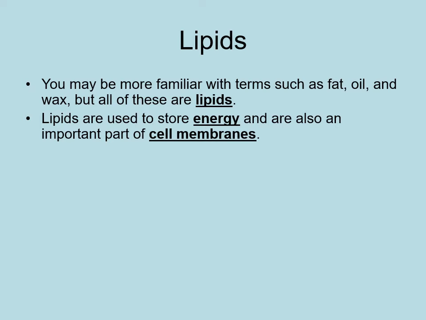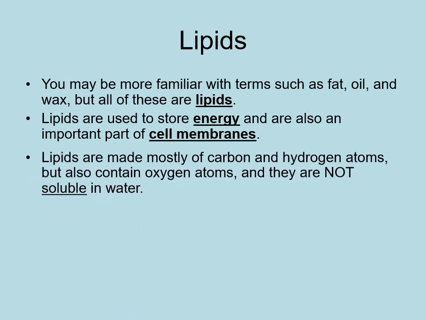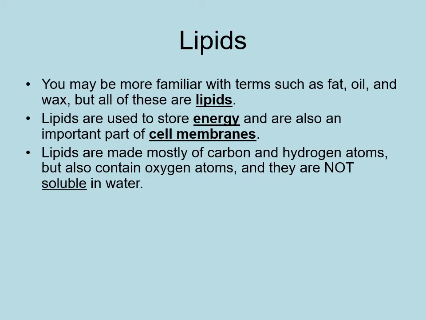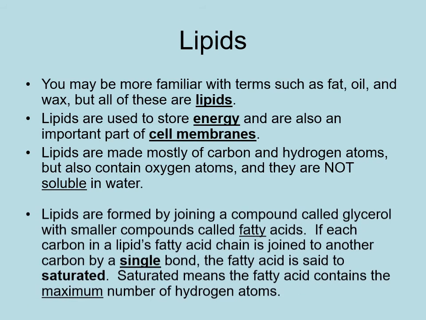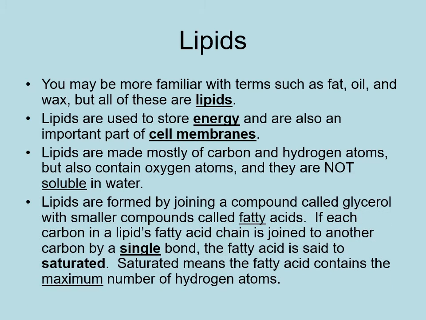And this is the important part of the cell membrane. It's mostly made up of carbon, hydrogen, and oxygen, but they are not soluble in water. They are formed by putting the glycerol together with 3 fatty acids, unless you're a phospholipid, which then is 2 fatty acids and a phosphate group.